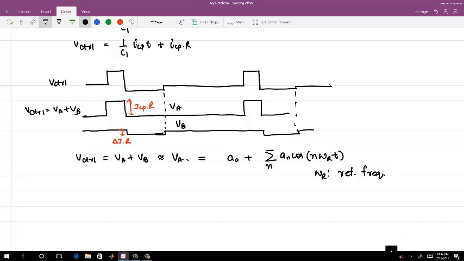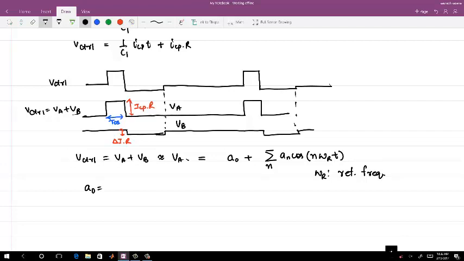This period is t offset, and the whole period is the reference period. So can you quickly tell me what A naught and AN are?